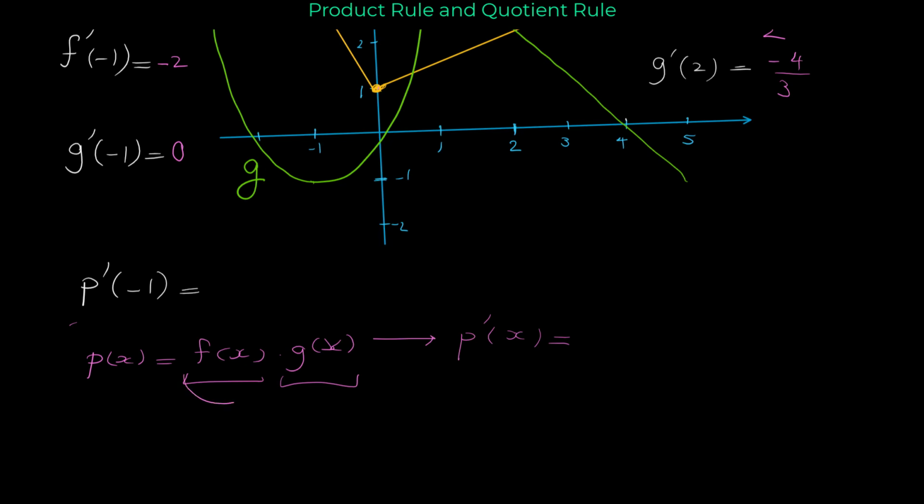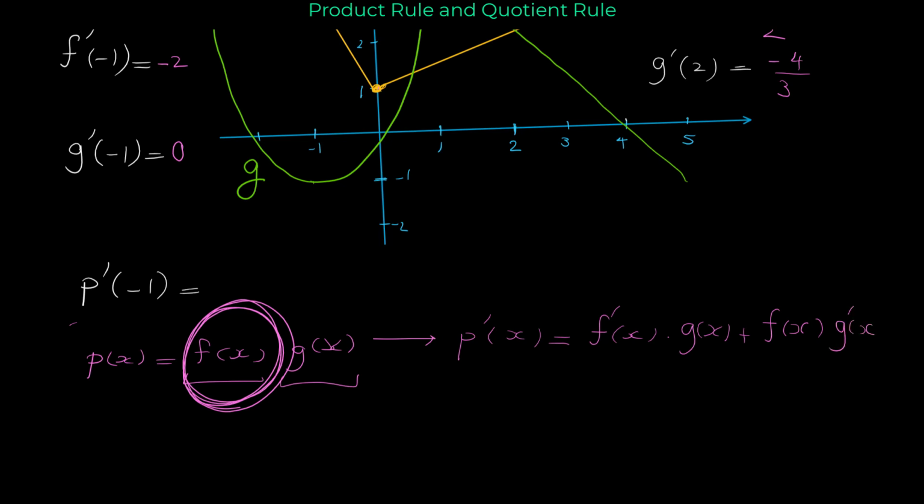Based on the product rule, p prime equals derivative of the first function. Derivative of f is f prime times by g plus, write the first function, it is f times derivative of the second function, g prime.